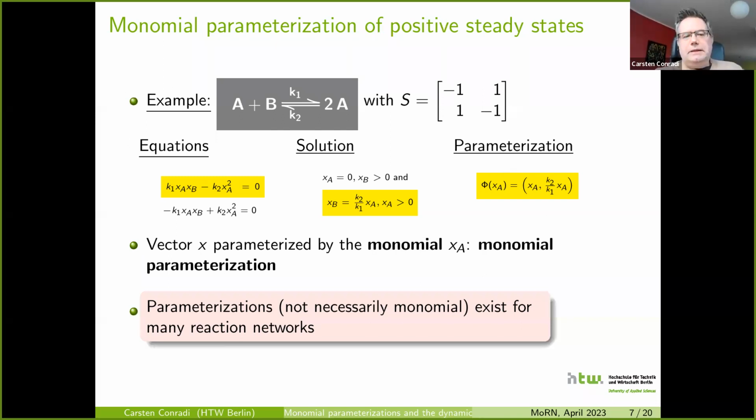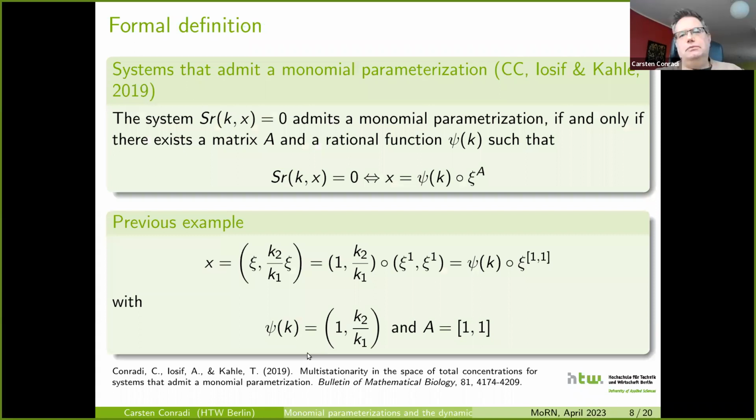In the paper, together with Thomas and Alex, we wrote a formal definition of when we say that a system admits a monomial parameterization, and this is equivalent to saying that there exists a rational function that depends only on the rate constants and a matrix, usually an integer matrix A, such that every positive solution of the steady state equation can be written by this formula here, where you have this psi times psi to the A. And I need to explain this formula.